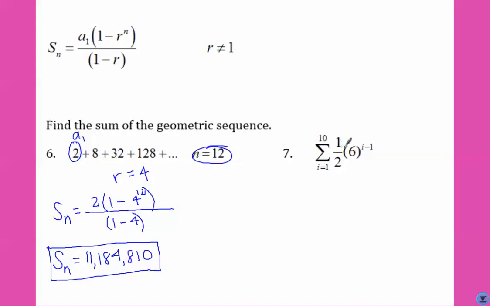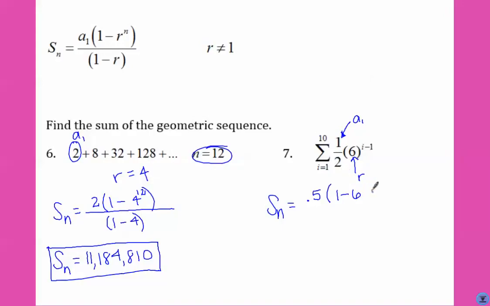If it's written in sigma notation, you should be able to tell what your first term is and what your ratio is from the way we wrote the equations in the first couple examples. Your number out front is your a sub 1, and your number in your parentheses is your common ratio. So s sub n equals 1/2, or 0.5, times 1 minus 6 to the number of terms.